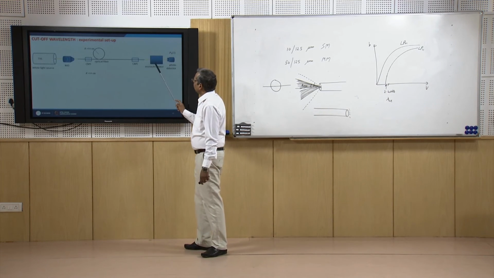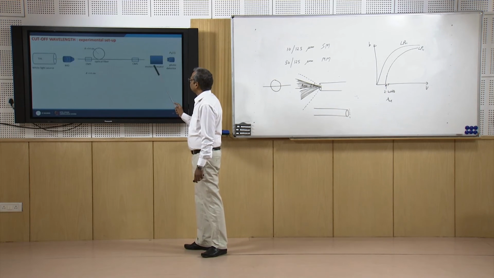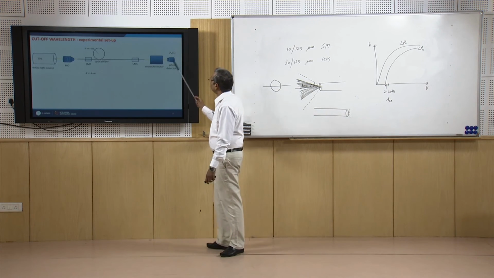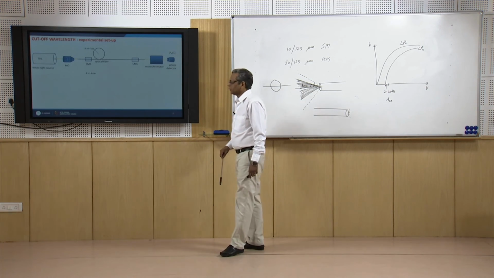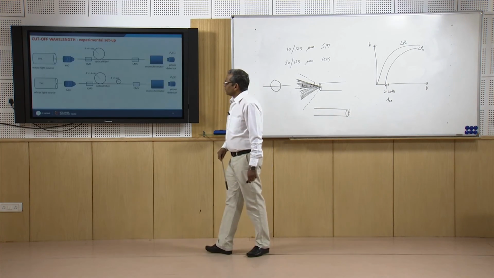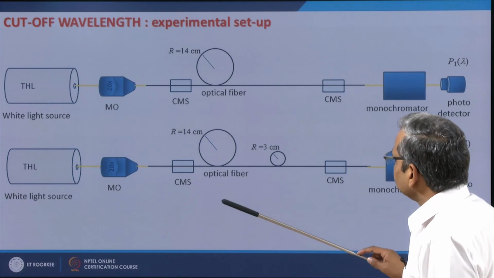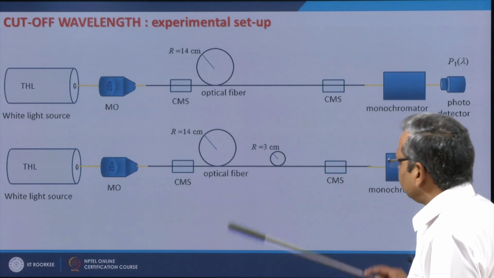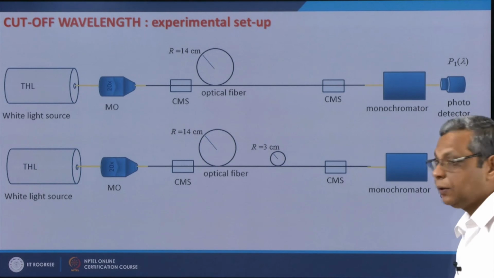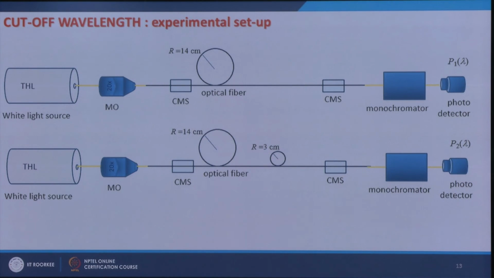So, basically I pick a particular wavelength using a monochromator, and then I measure this P1 lambda. Then, apart from this, I now make a small loop of radius 3 centimeter, which can cause a large bending loss, and then again I do the same measurements and measure the power P2 as a function of lambda.